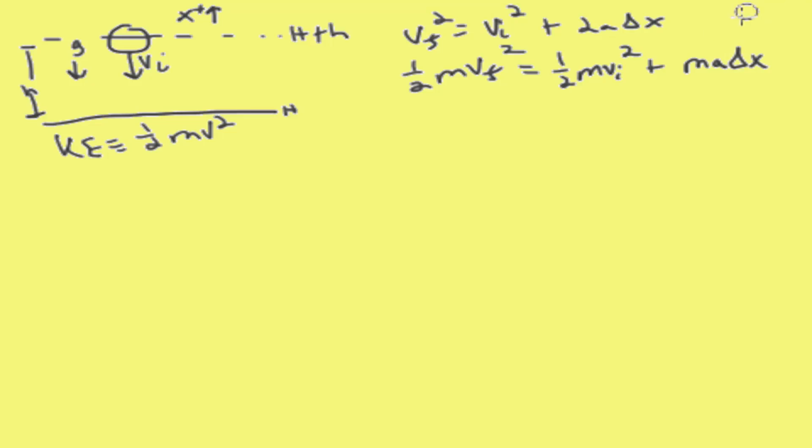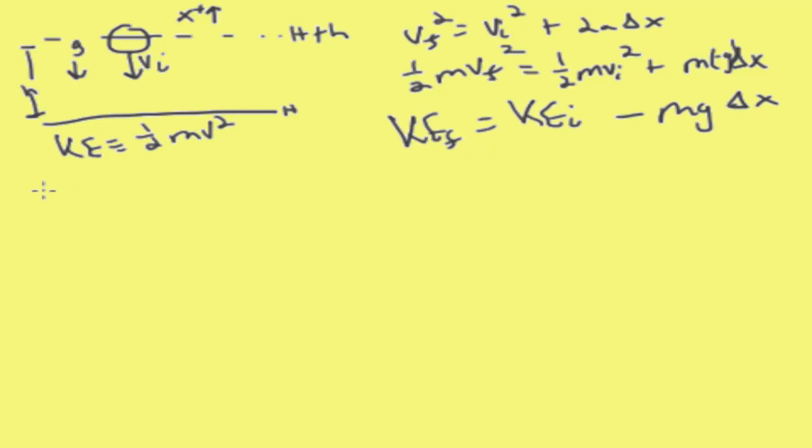But in this case, our acceleration will be g, and it will be negative. So that's negative g. So now we're going to get our kinetic energy final equals our kinetic energy initial minus mg delta x. So now we need to calculate our delta x.